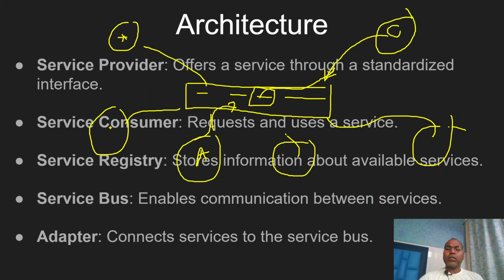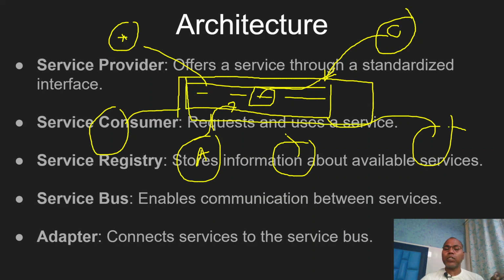So here the benefit of service oriented architecture is that whatever different kinds of services are available, our service can communicate and exchange data with them. The major communication is established by your service bus.